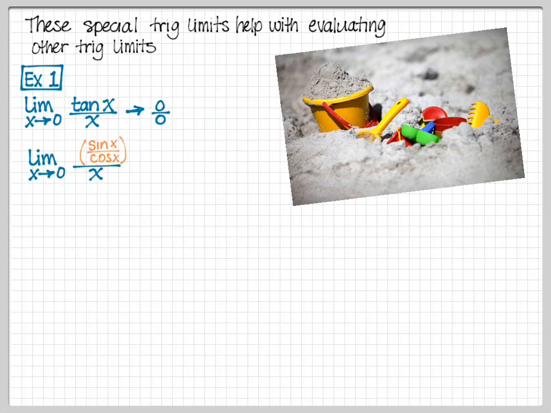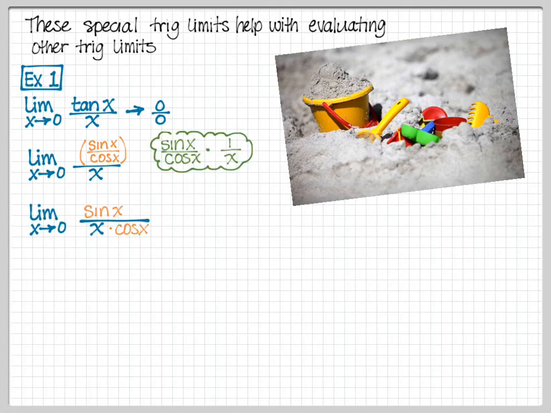We look at ways to manipulate this, and I have an identity that tangent is sine over cosine. So the limit as x approaches 0 is the same thing as sine x over x times 1 over cosine. If you don't remember that, sine over cosine over x is the same thing as sine over cosine times 1 over x.